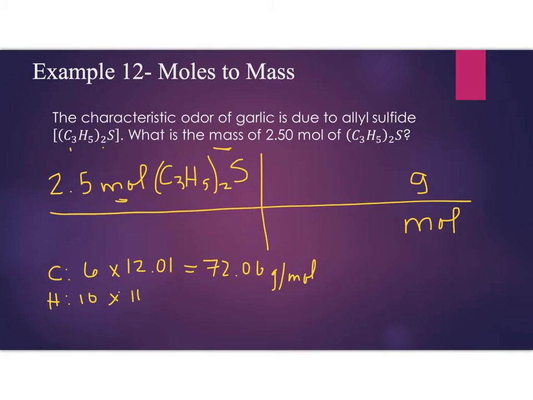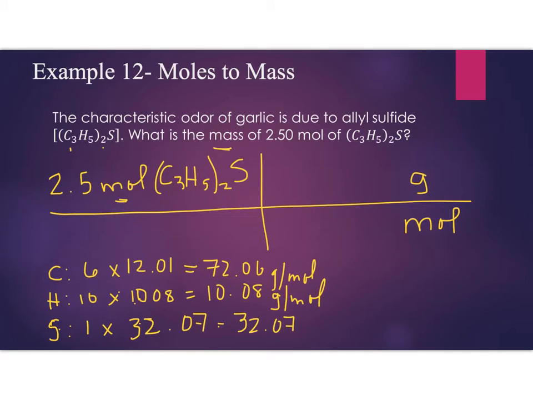So I'm going to multiply that by 1.008, and this is going to give me 10.08 grams per mole. And then for my sulfur, I just have 1 of those, and I'm going to multiply that by 32.07. And that gives me 32.07 over here.